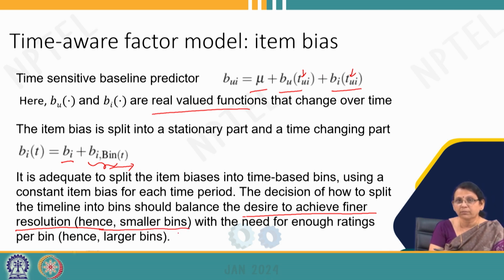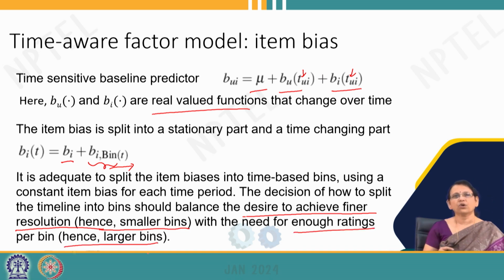But in that small bin size, if you do not have enough ratings, it is not going to be of much use. Therefore, you also have to have enough ratings per bin. So, larger ratings are good. Experimentally you can decide what is a good bin size, a good number of bins with respect to your kind of data set.